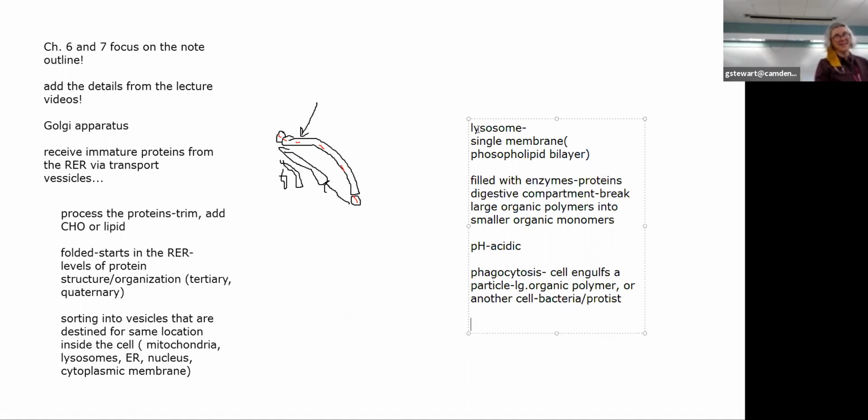And then that vesicle that engulfed the particle, whichever it is, right? A food particle, that would be a large organic polymer, or an invading cell, a bacteria or a fungus, right? Or a protist.